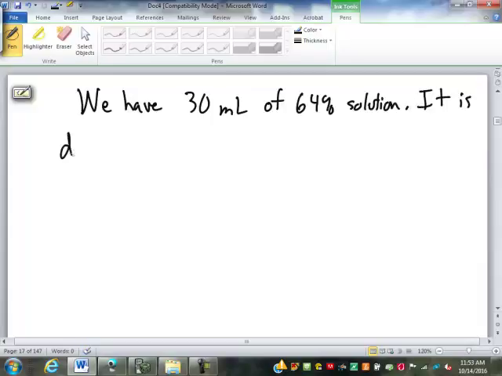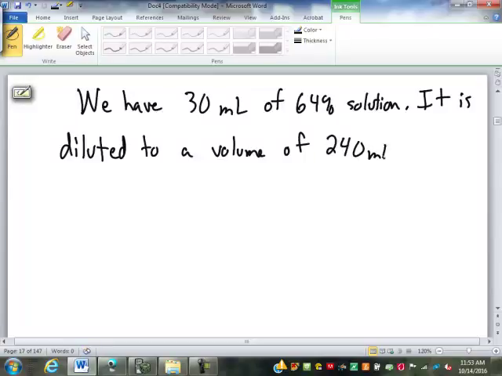It is diluted to a volume of, let's see here, 240 milliliters. Find the new concentration. Find the new percent.